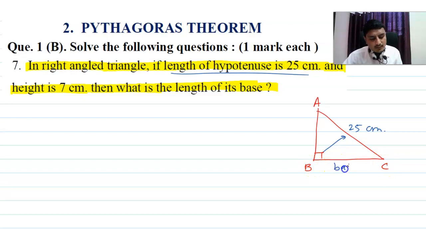So BC becomes the base, and AB is the height. The height is 7 centimeters, so the length of AB is 7 centimeters.